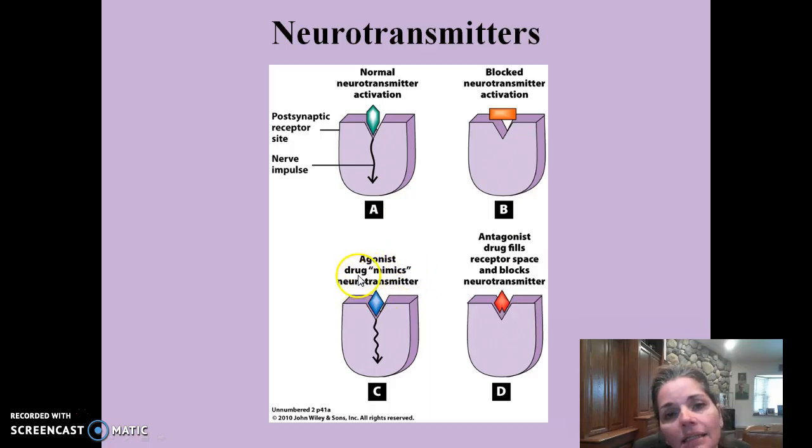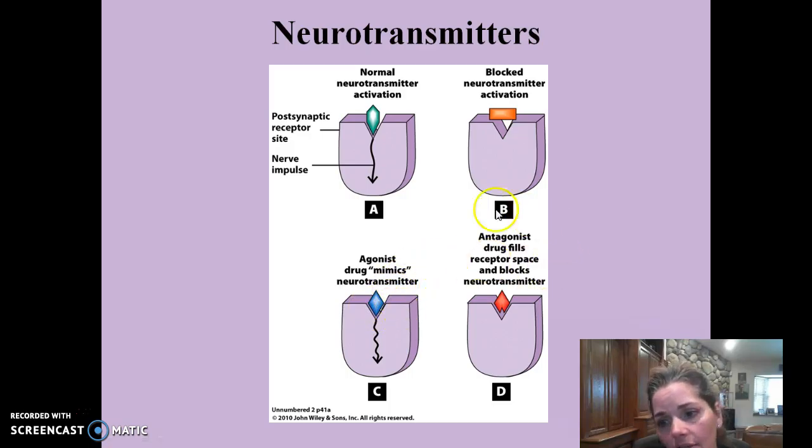An agonist is going to bind into the receptor site and mimic the excitatory message of a neurotransmitter. So it's essentially going to activate the neuron the same way that the neurotransmitter would.